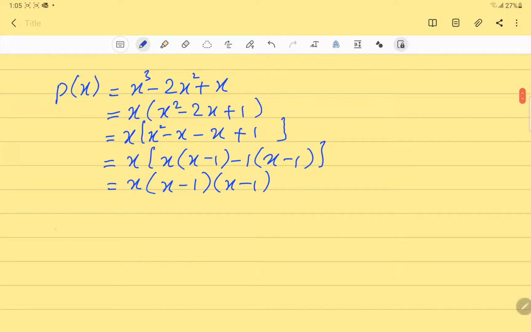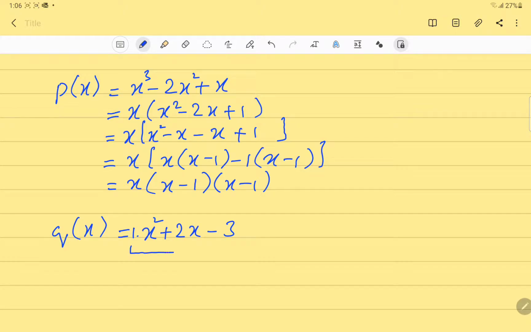Now we move on to our second expression, which is qx is equal to x squared plus 2x minus 3. This is a quadratic expression, and let's factorize it in the same way as we have always been doing. 1 is the coefficient of x squared because there is no coefficient mentioned here.